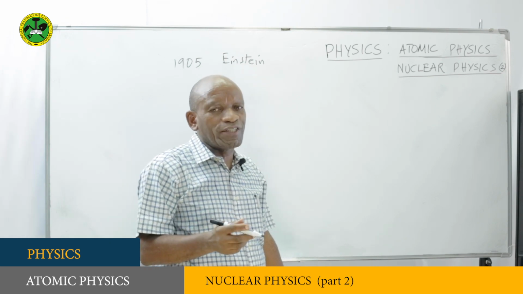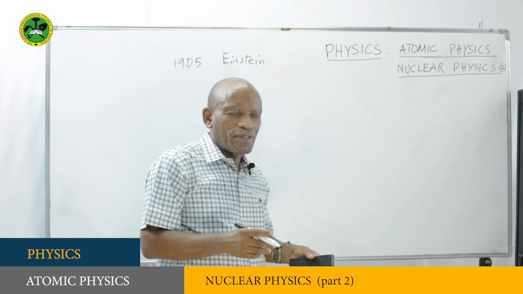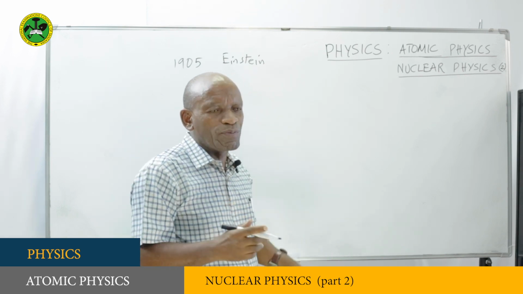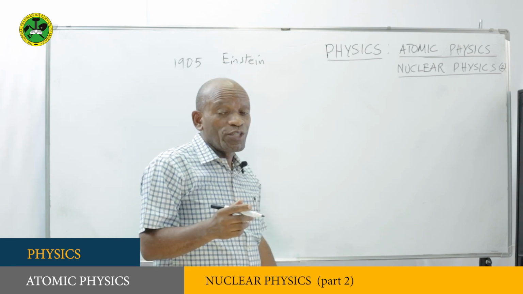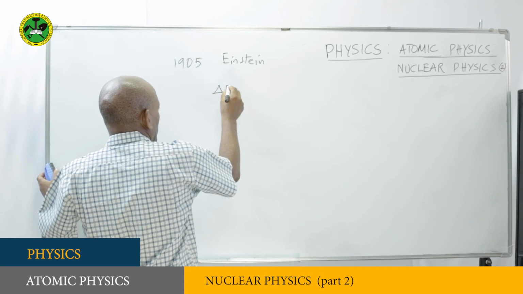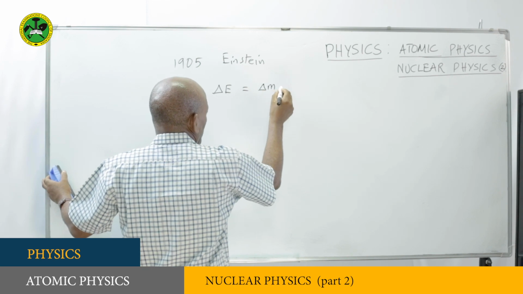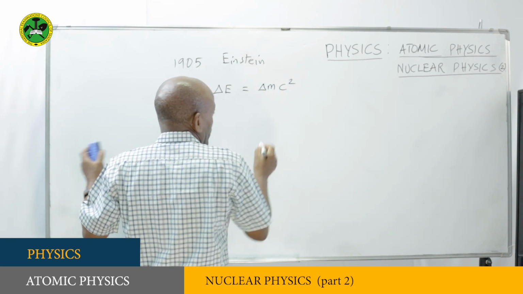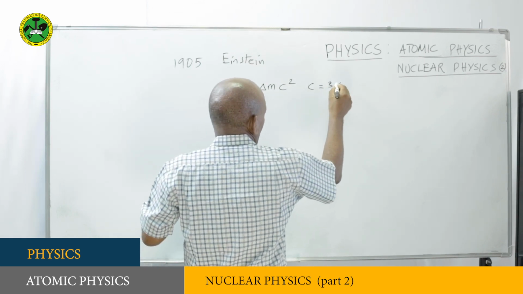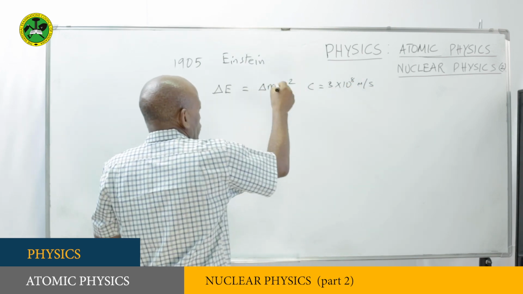He was able to show that there is a relationship between mass and energy, that a change of mass has an implication for the energy which is produced, and therefore he obtained a very famous expression to show that the energy produced is the product of the change in mass times the speed of light squared, E = mc², where c is the speed of light, which is equal to 3 times 10 power 8 meters per second, and m is the change of mass.